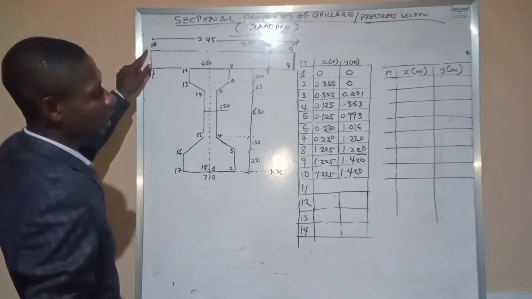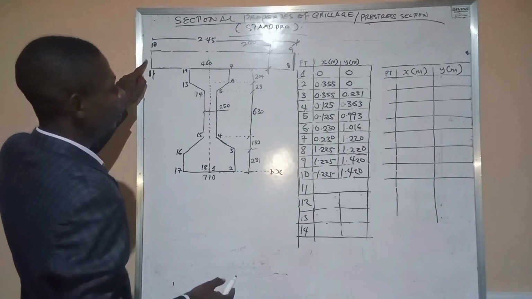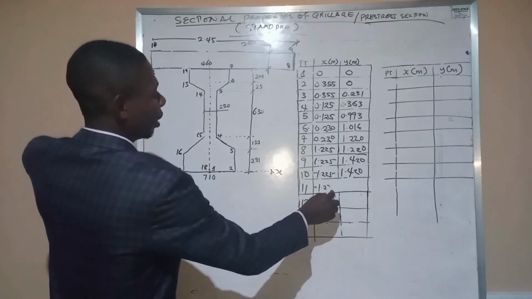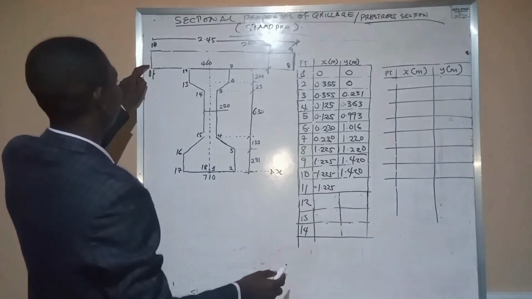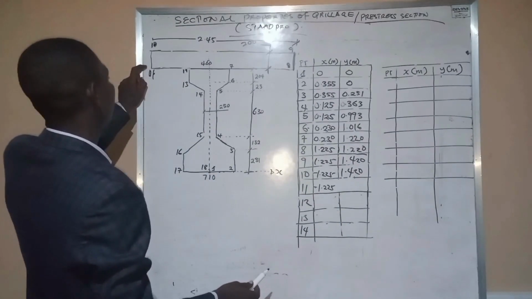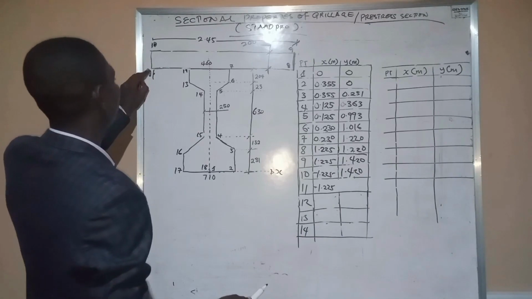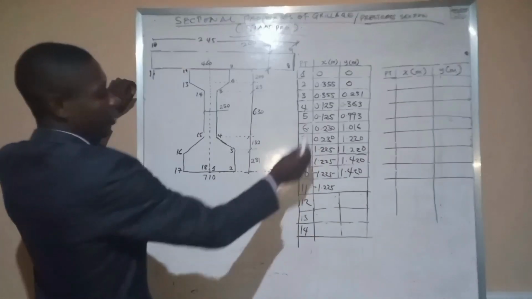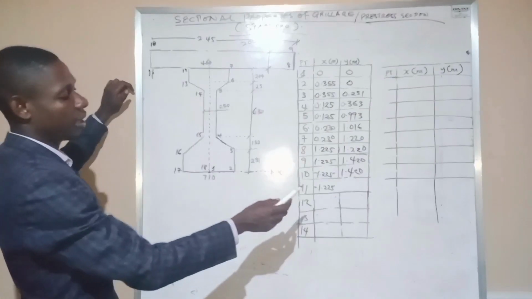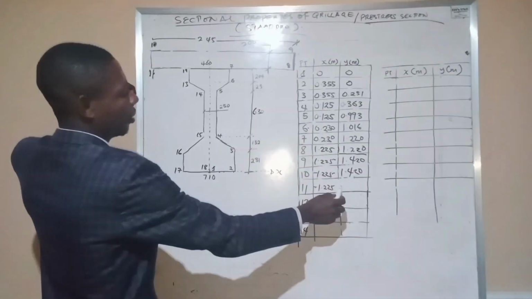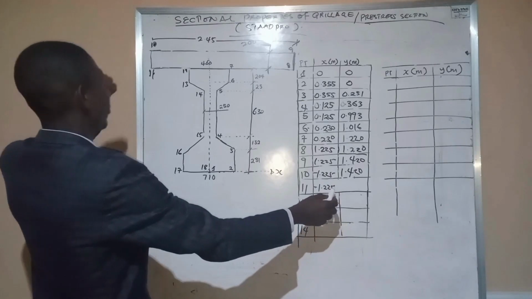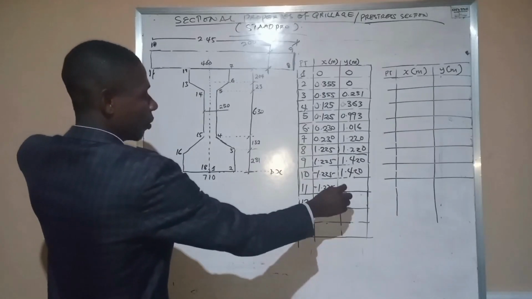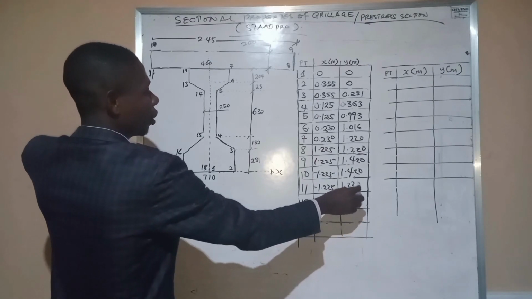All right, now at point 11, we still maintain the same s coordinate, but the y coordinate of point 11 is changing. It becomes the same as that of 7 and 8, so that gives us 1.220.